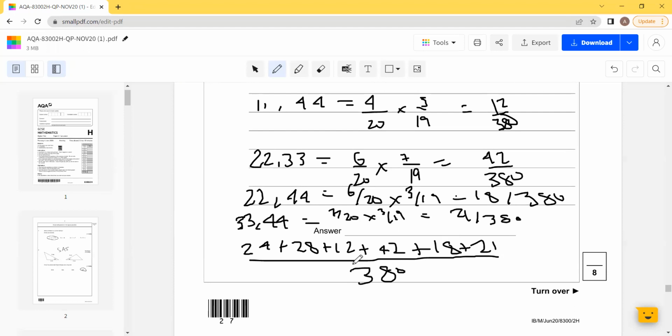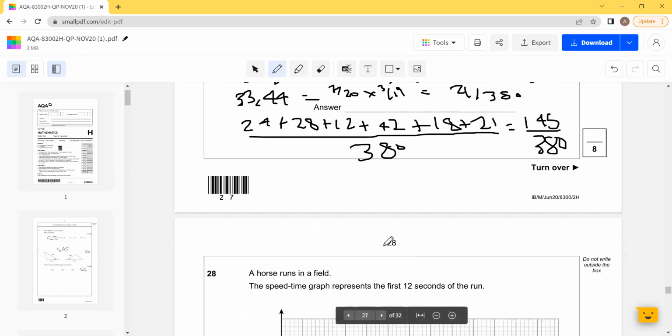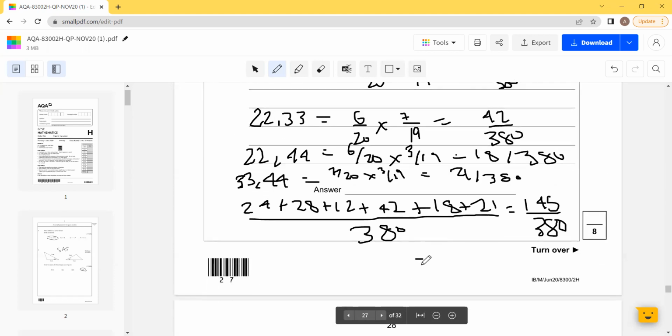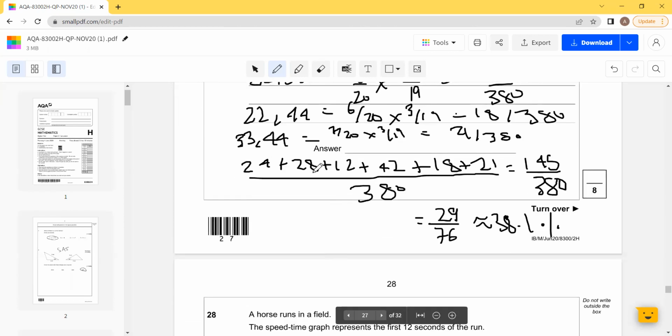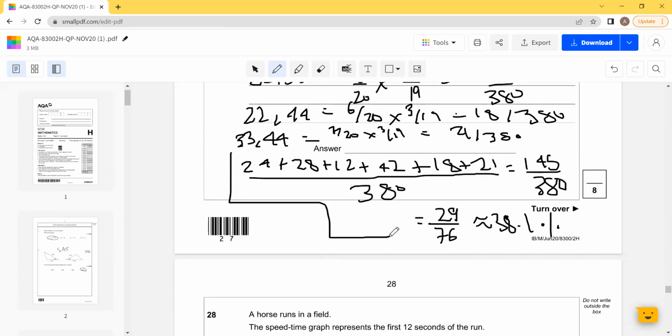So 24 plus 28 plus 12 plus 42 plus 18 plus 21 is 145 over 380, which is 29 over 76, approximately 38.1%. So our answer is over here, and it is 29 over 76.